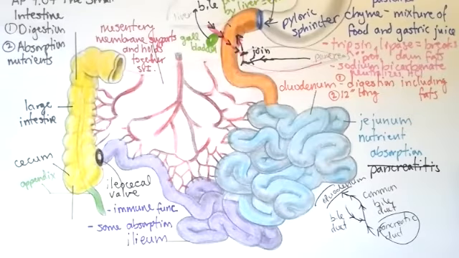So the disorder we're going to talk about here is Crohn's disease. I'm just going to go to black. Crohn's disease. We talked a few chapters ago about autoimmune disorders. This is actually an autoimmune disease.